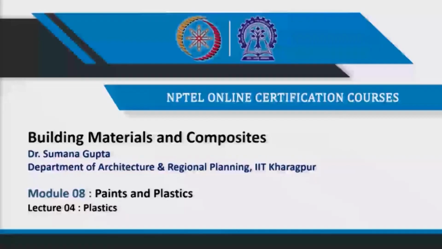The last two lectures of this module, or the finishing module rather, will be on plastics. Yes, plastics have come into the building industry for a long time, but it had limited applications until it is being explored more and more.